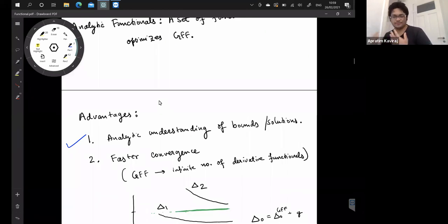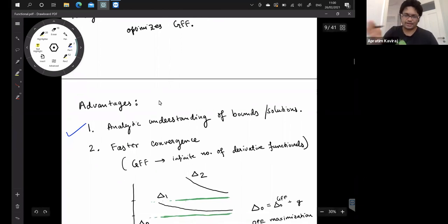It's very easy to do this with analytic functionals. Also, if you want to go after some numerical bounds, it's the same story, that you have in the back of your mind an analytic picture to work with. And for the examples I'll show, I hope it will be clear what I mean by this.